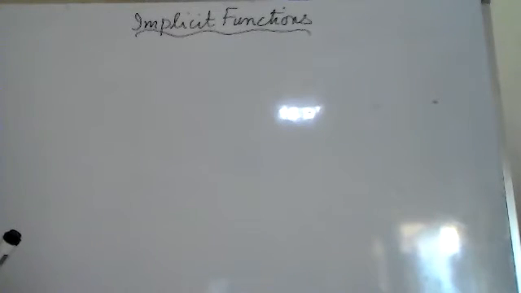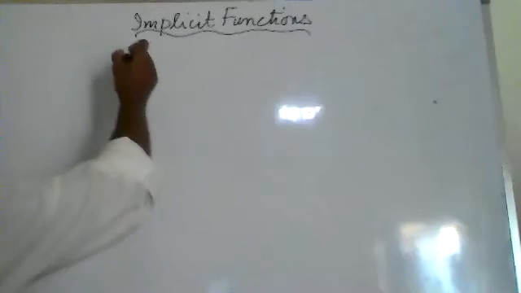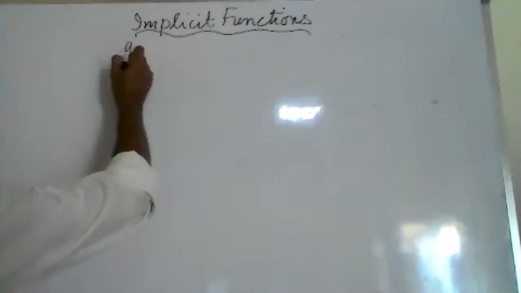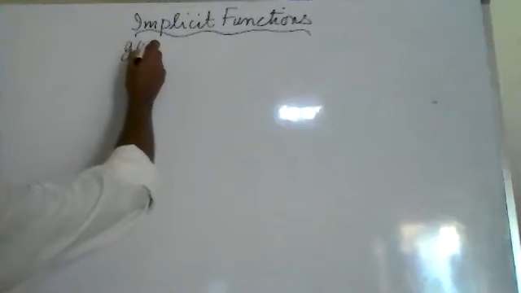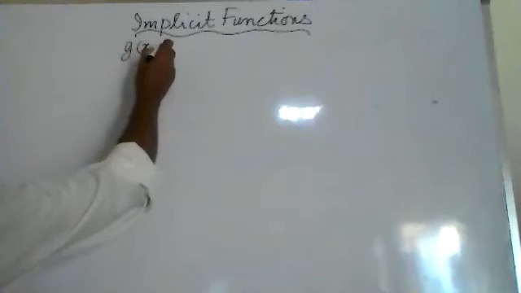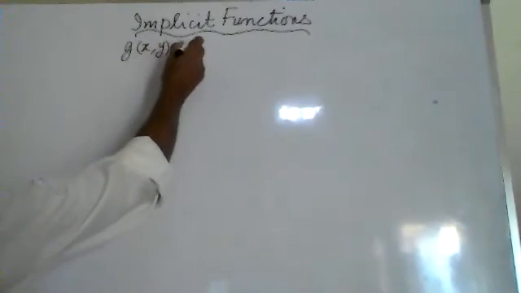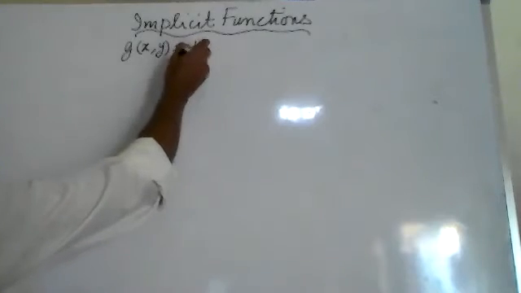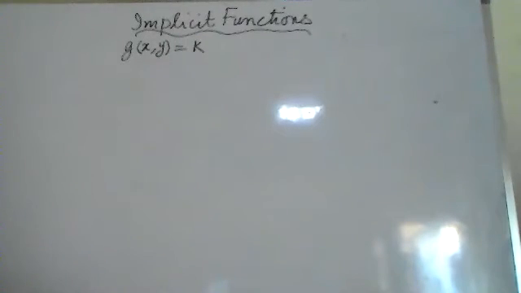Now we will use the partial differentiation method to find the partial derivative of implicit function. For example, if we have g of x and y equal to something k.